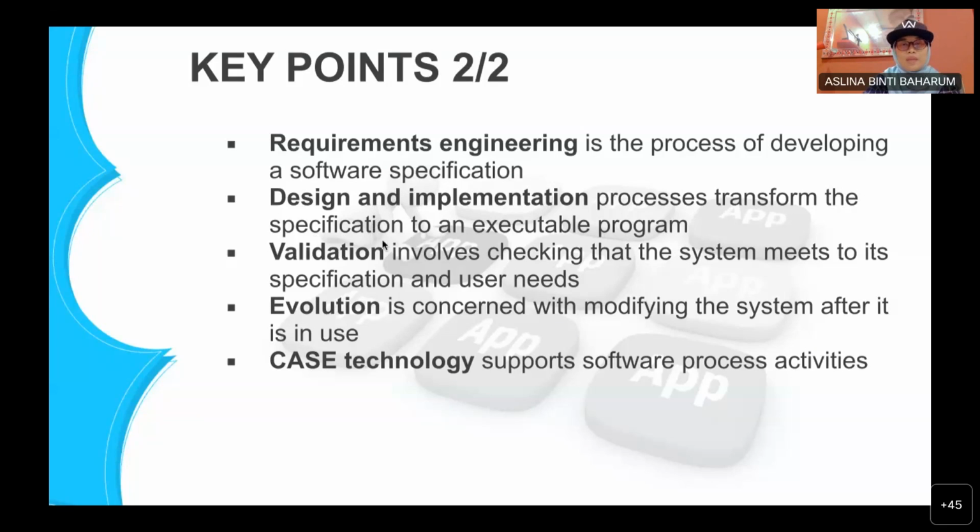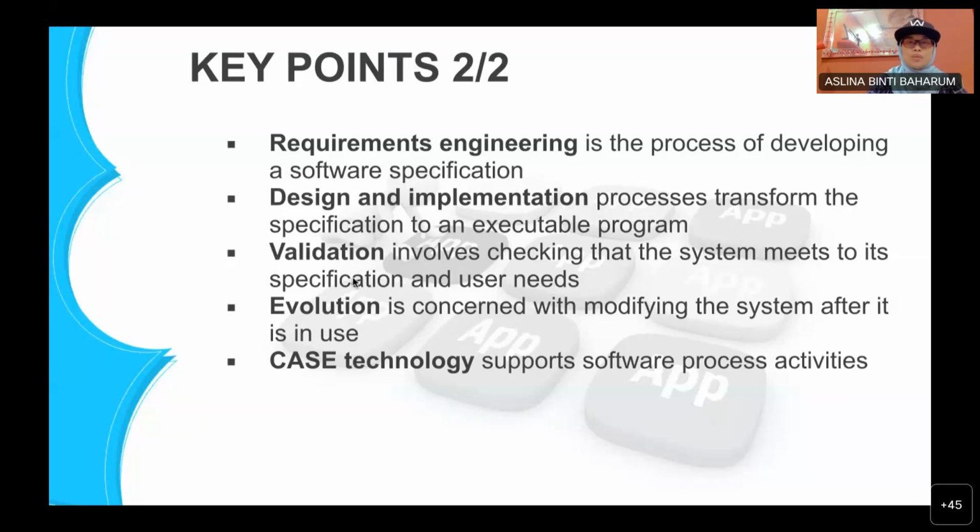And then validation involves checking that the system meets its specification and user needs. Just now you were introduced to verification and validation, but the most important part is validation, to make sure your system is valid.